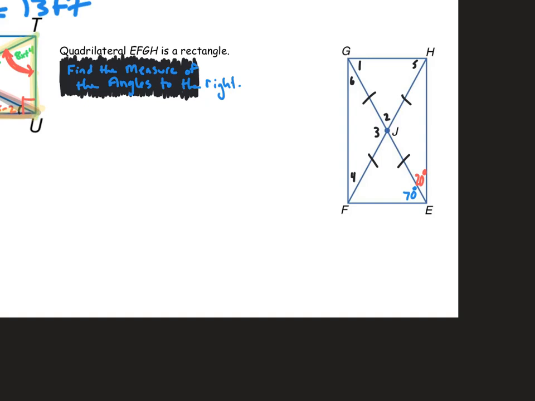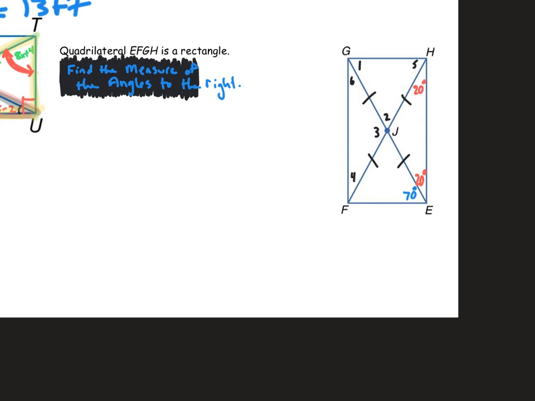And because these triangles are isosceles, that means the legs are congruent, which means that these base angles right here are congruent. So if this angle is 20 degrees, that means the angle up here, that is angle JHE, is also 20 degrees.